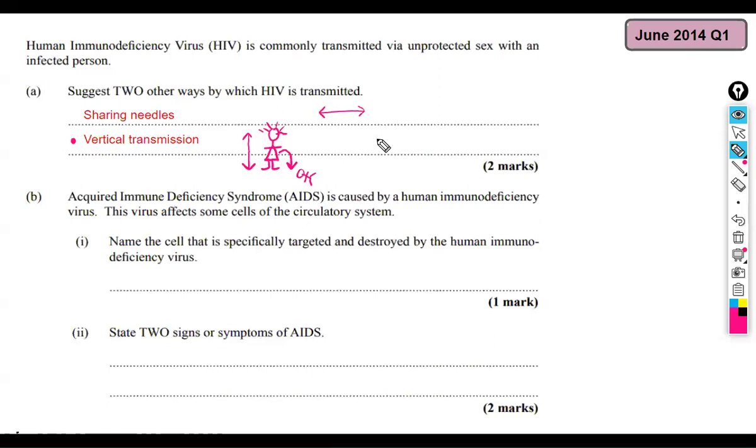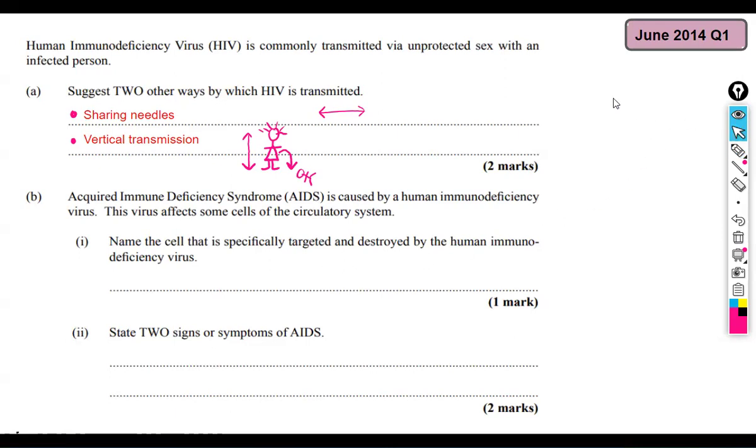Like if the husband is infected and has unprotected sex with his wife, that's horizontal transmission. But what about sharing needles? Isn't that horizontal transmission too? If you have 2 drug addicts and one shares his infected needle with the other one, that's also a case of horizontal transmission. Okay, great.